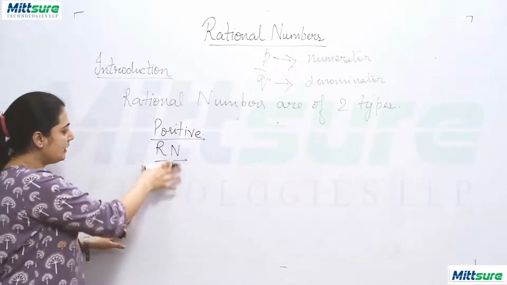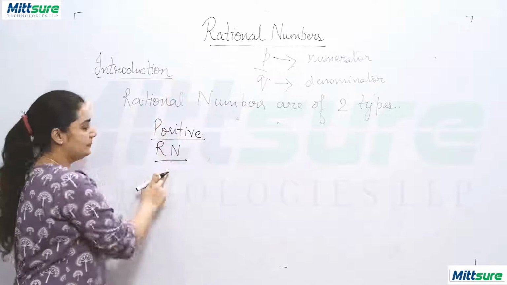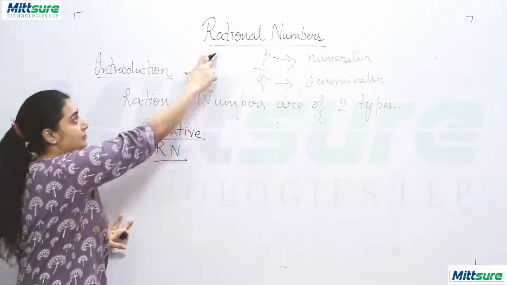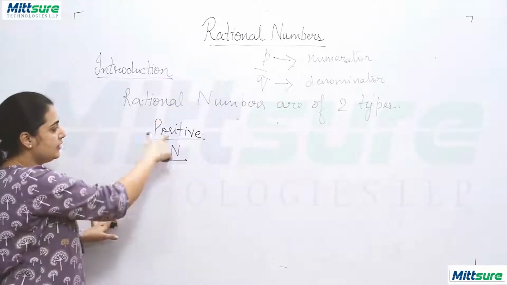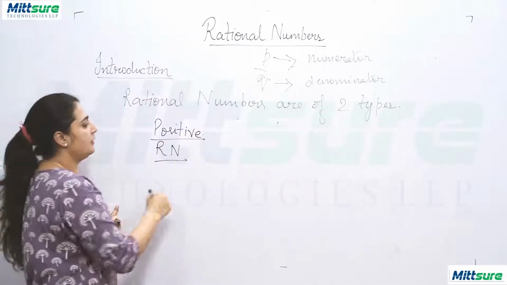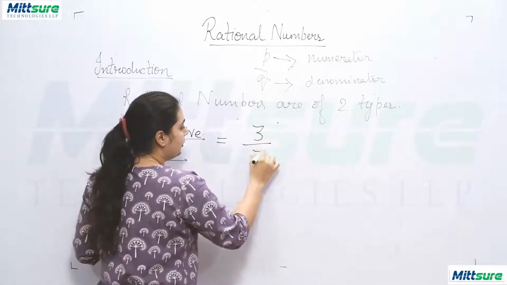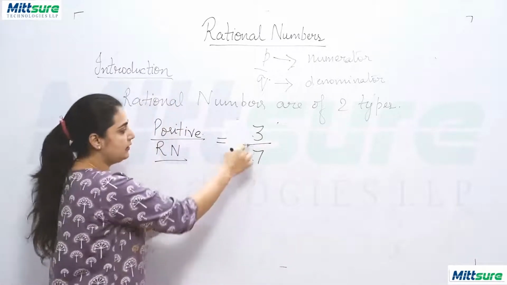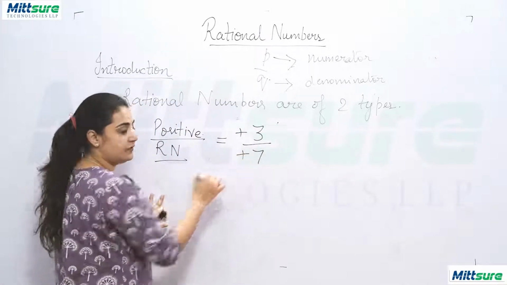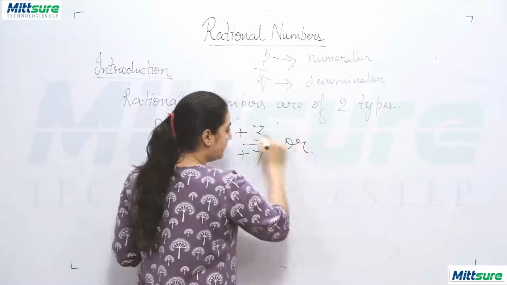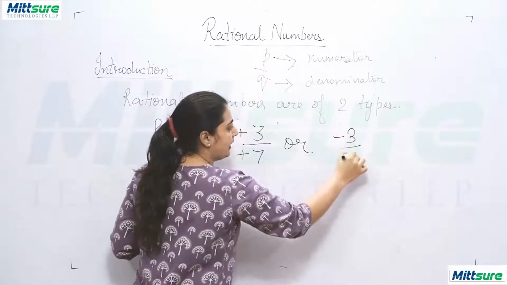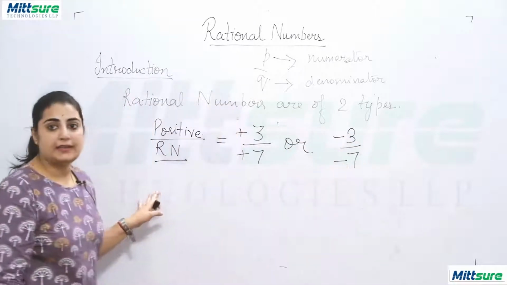I'm using the short form Rn for rational numbers. When we talk of positive rational numbers, either both should be positive, as you can see here 3 and 7 have the positive sign, or 3 upon 7 can be minus 3 upon minus 7.